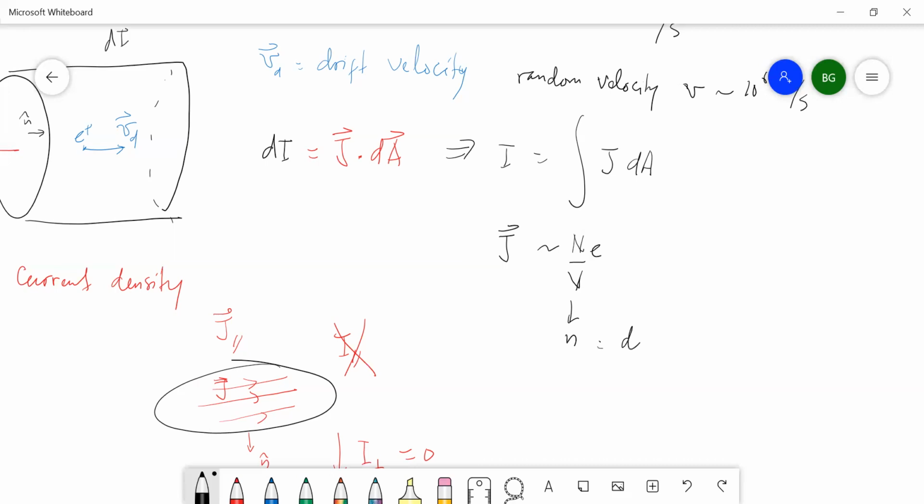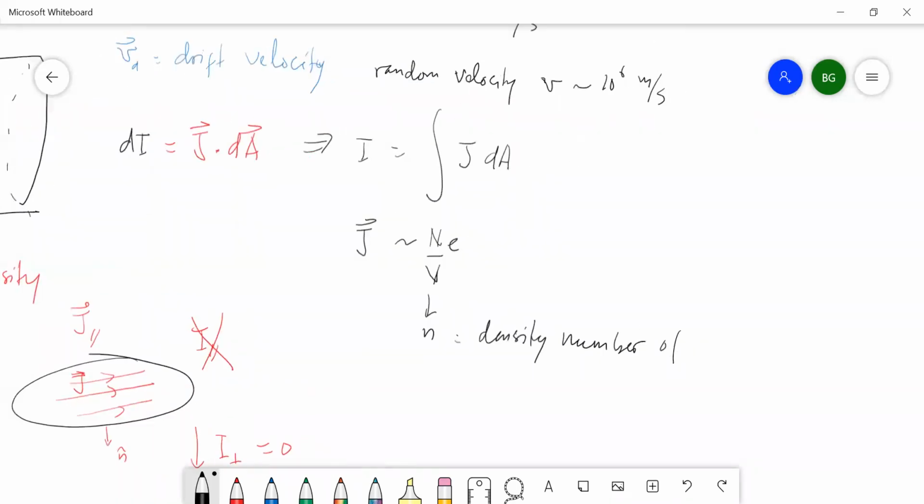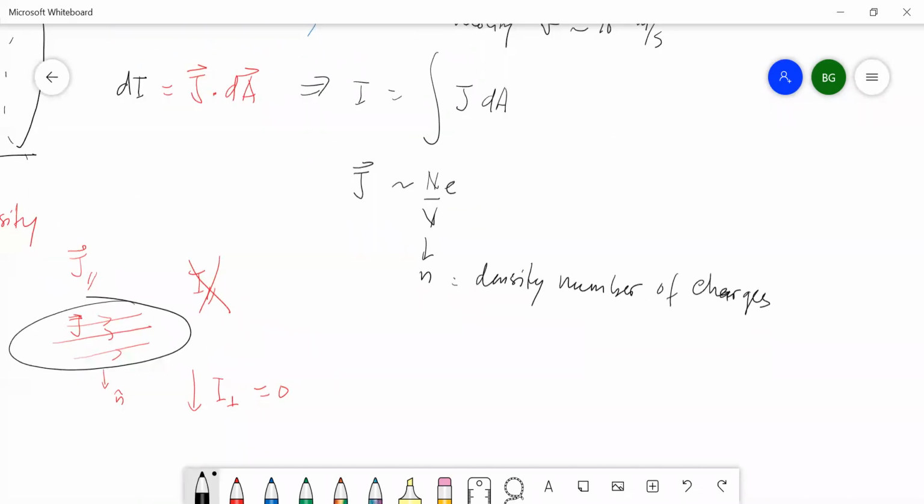The density number of charge, okay? And also this v here, but v here is the drift velocity, not the random velocity. So this should be equal, not proportional.